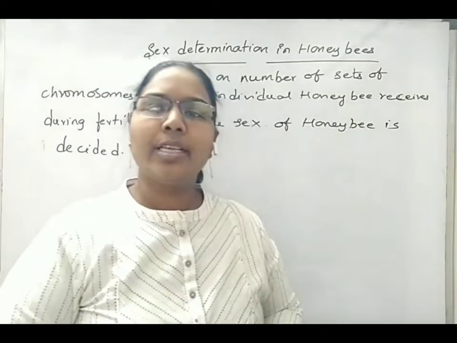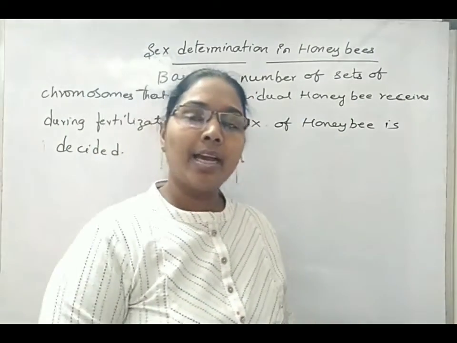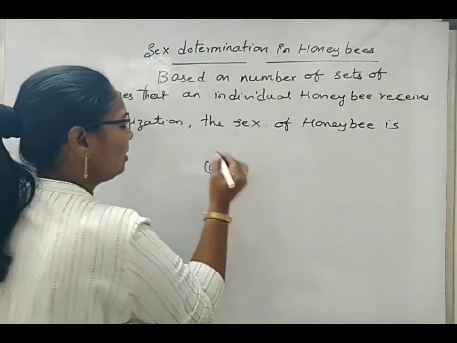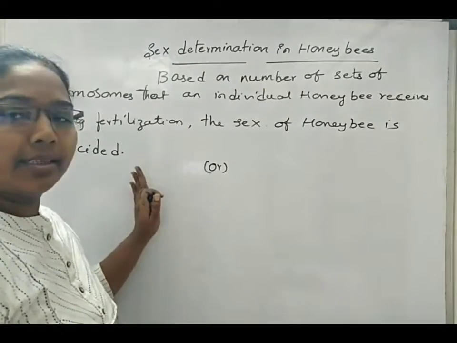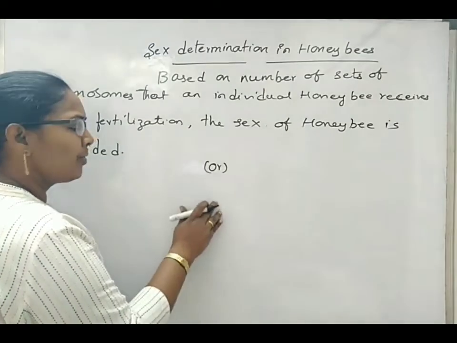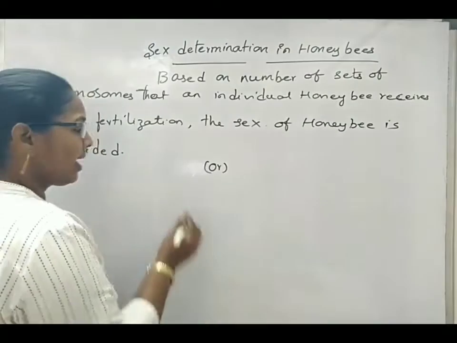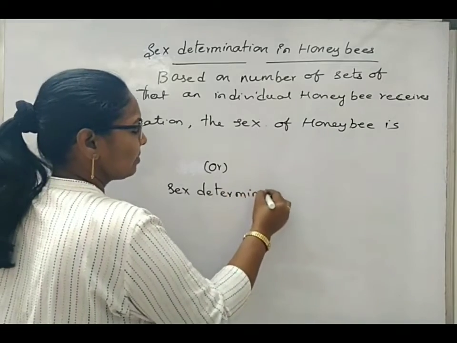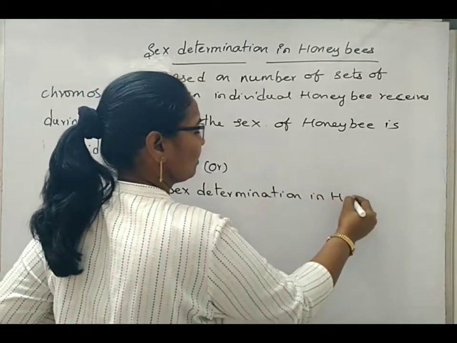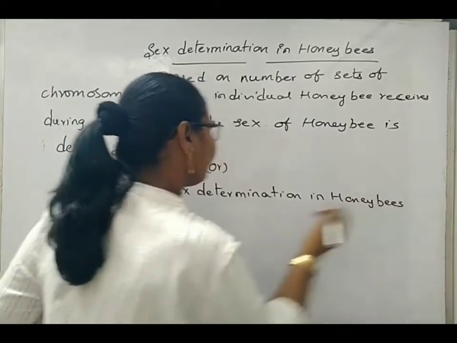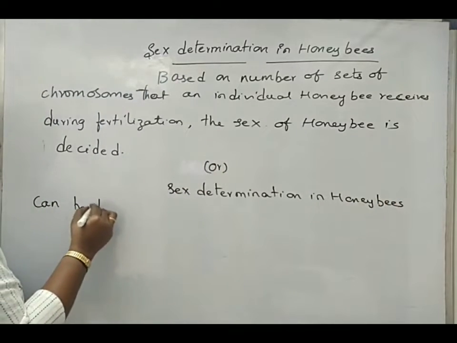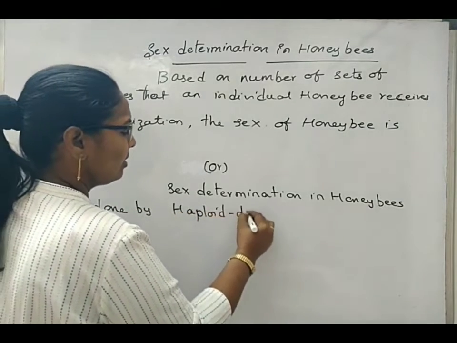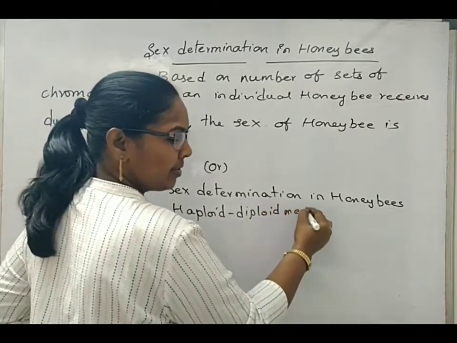We can also say such type of sex determination in another form, that is the haploid diploid mechanism. In an easy sentence, sex determination in honeybees can be done by the haploid diploid mechanism.